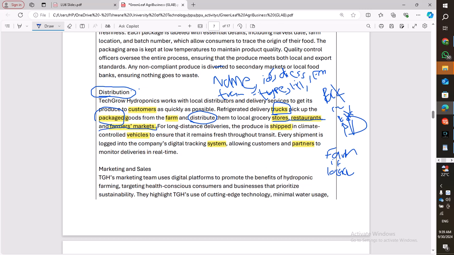So then I will say the type of farm. There are different types of farm. They can be a farm for crops, a farm for other plants, a farm for animals.